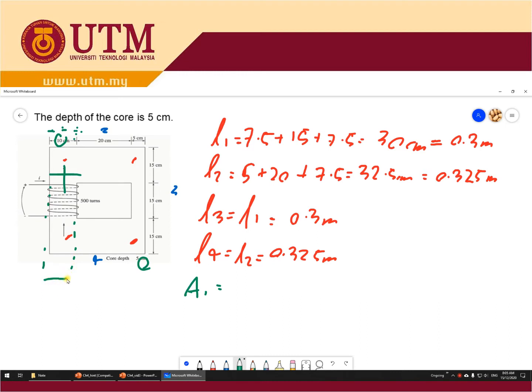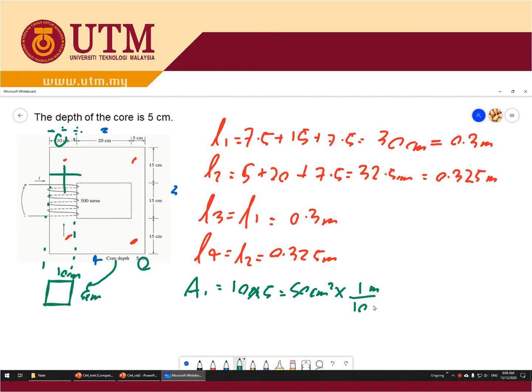So you have to get this, okay, and the core depth is 5 cm, and this one is 10 cm. So area 1 is basically 10 multiplied by 5, so you get 50 cm squared. Okay, and don't forget to change this, then multiply by 1 divided by 10.